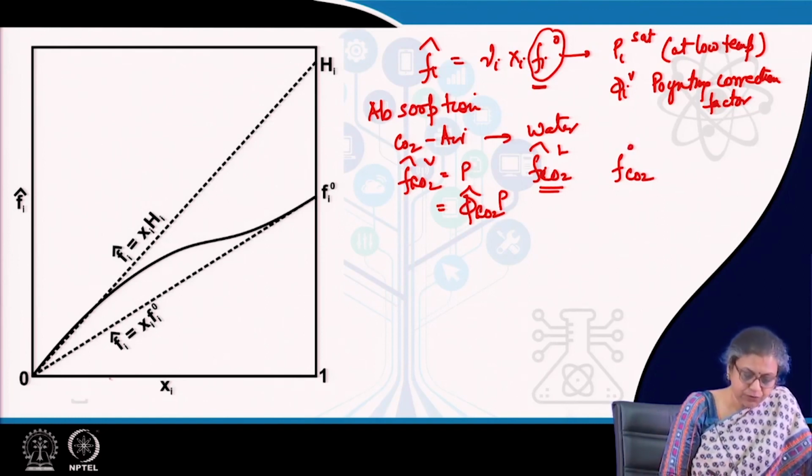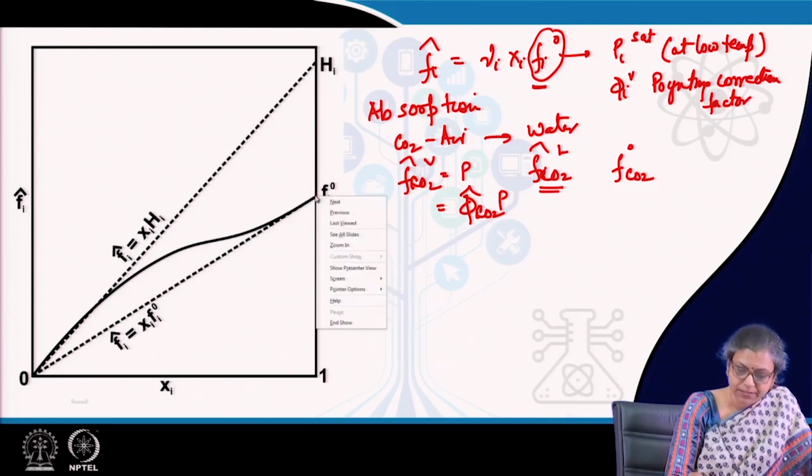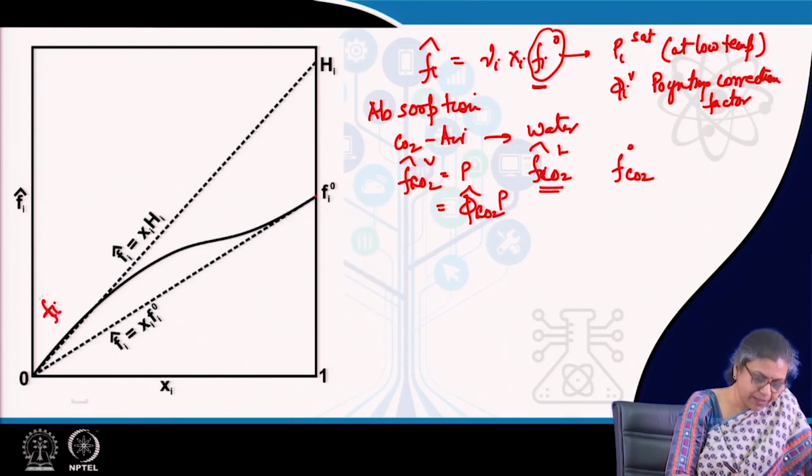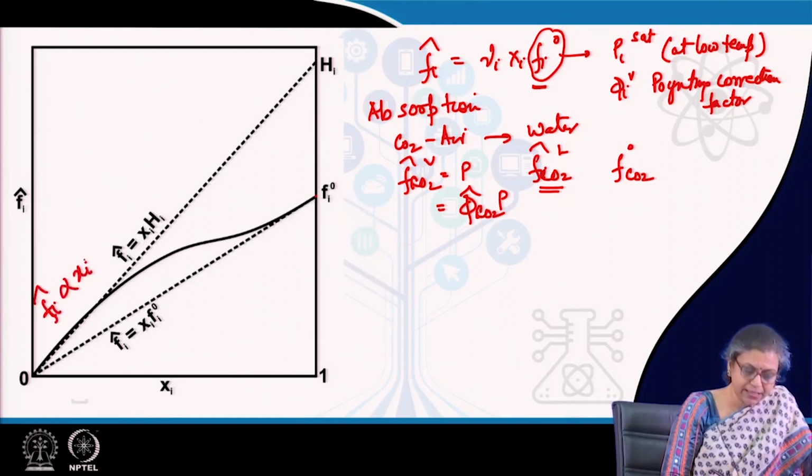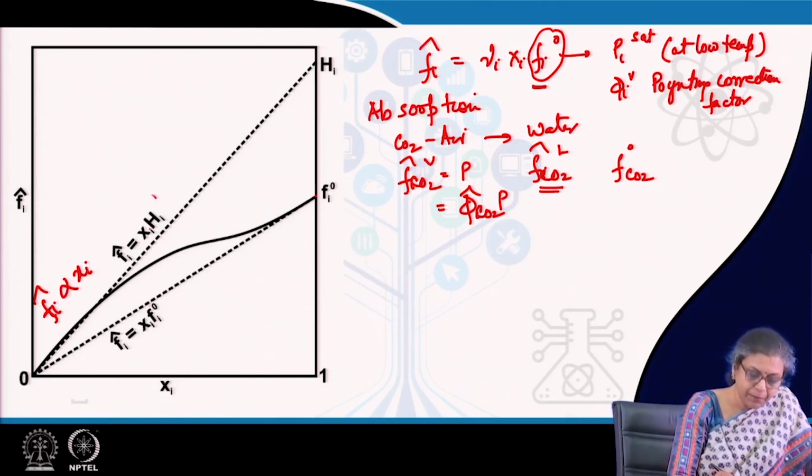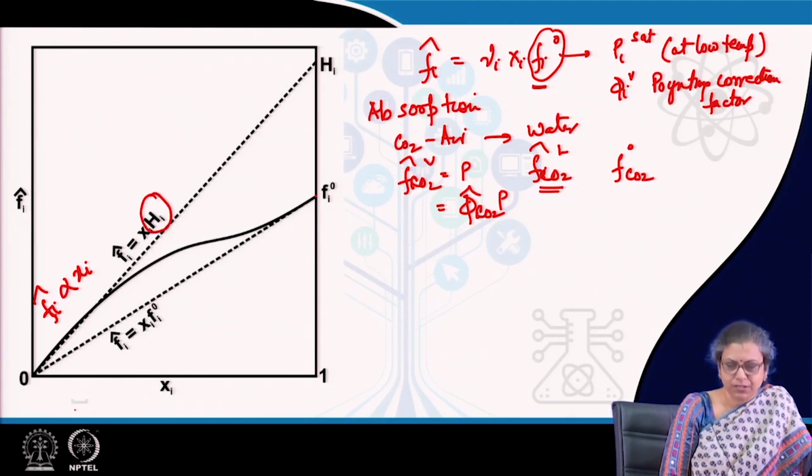So, when we refer to the graph of the partial fugacity with composition, we find that just like at very large compositions, Fi is proportional to Xi and the proportionality constant is Fi0, at very low compositions also, Fi is proportional to Xi, but the proportionality constant is not equal to Fi0, it is the Henry's law constant.